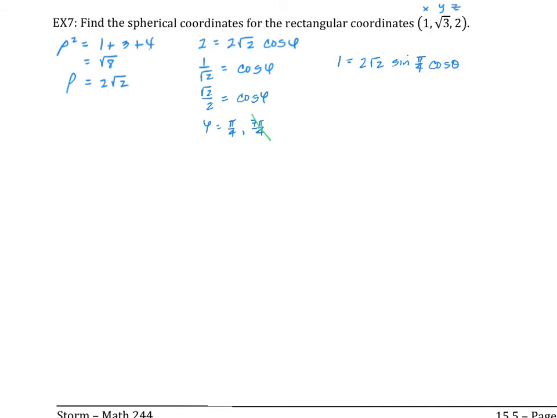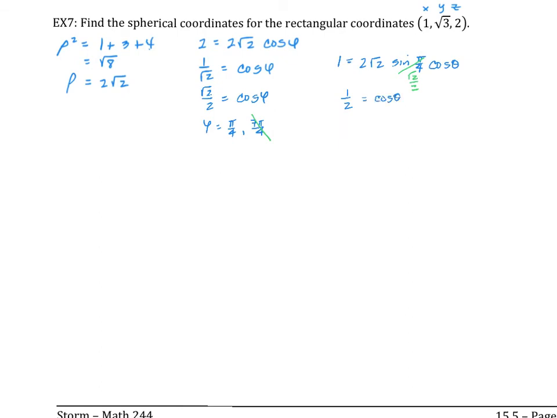Sine of pi over 4 is square root 2 over 2. So when I take 2 square root of 2 times square root of 2 over 2, that just gives me 2. So if I divide both sides by 2, it looks like 1/2 is equal to cosine of theta.